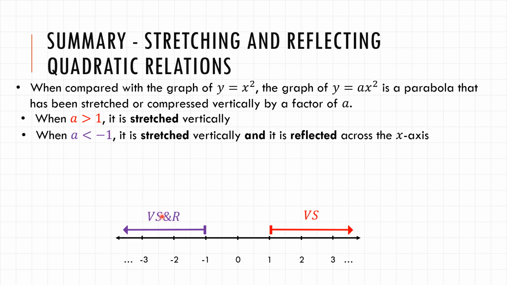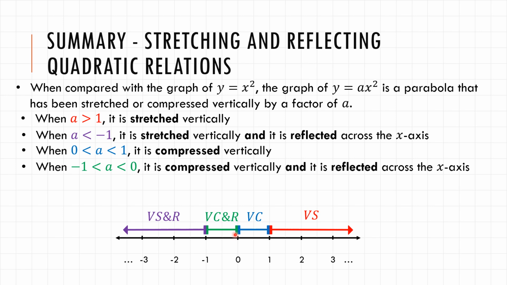So there was a vertical stretch and a reflection. Whereas when it was positive greater than 1, there was only a vertical stretch. When a was between 0 and 1, there was a compression vertically. So the parabola got shorter.